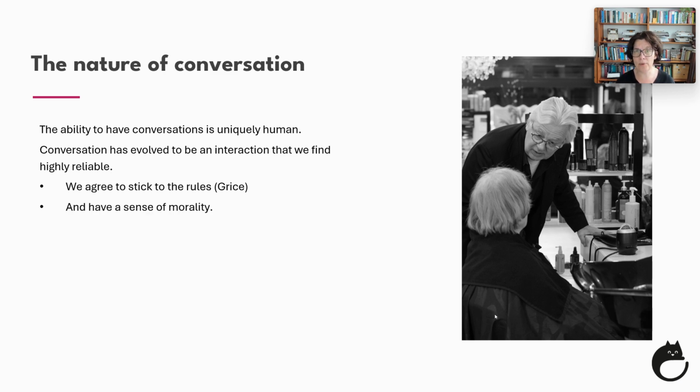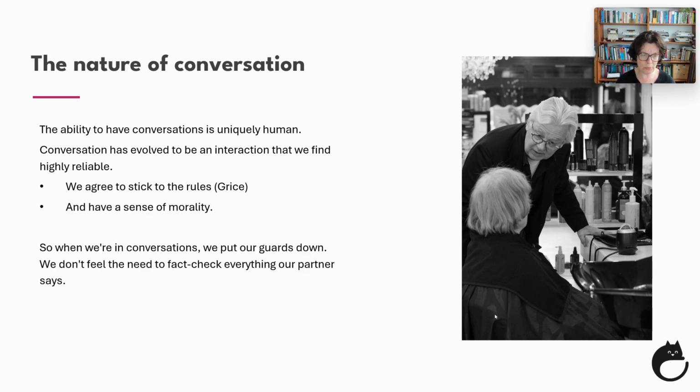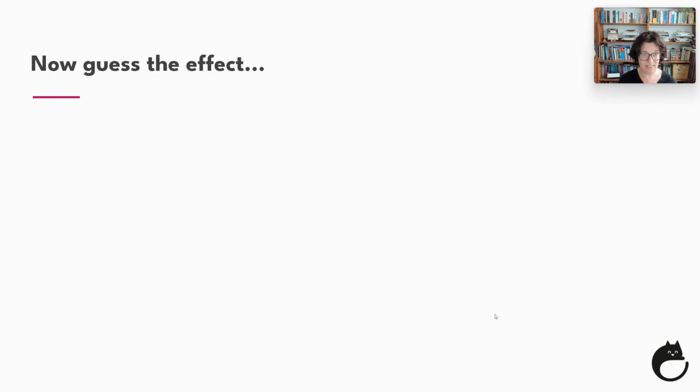Also, we have a sense of morality. So when we're in conversations, we automatically put our guards down because we don't feel the need to fact check everything our partner says. However, that's exactly what we need to do with LLM apps like ChatGPT or Claude.